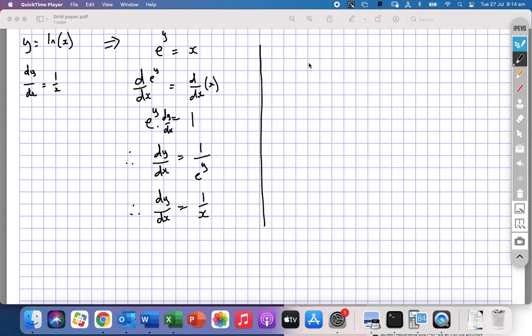Implicit differentiation comes up. The classic example is when you have a circle equation, which really is coming from the distance formula. How do we describe a circle?